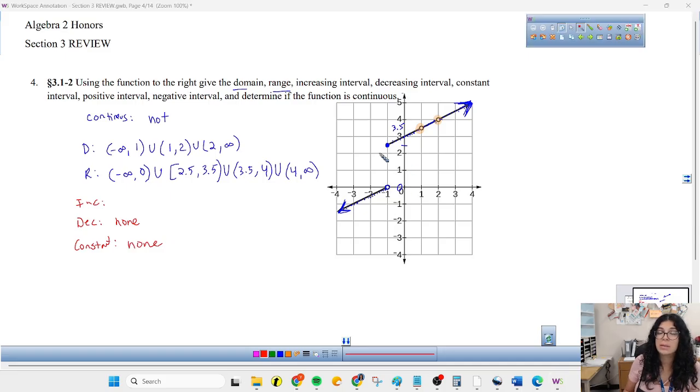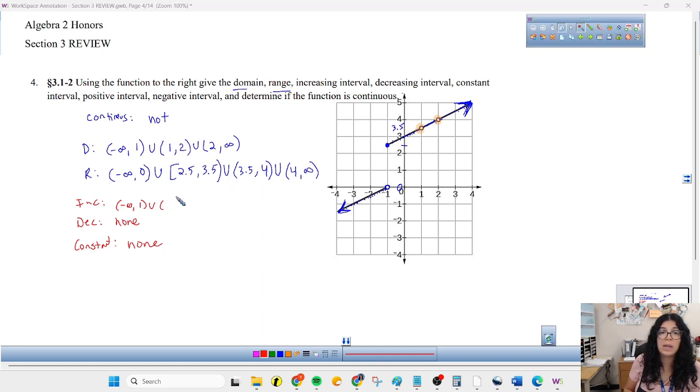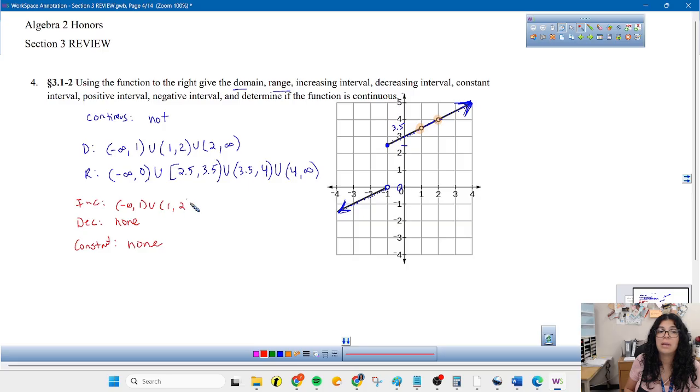And so in this case, that doesn't happen. We see this is positive slope, this is also positive slope. So it is actually just that over the entire domain, the entire graph from negative infinity to 1, and then from 1 to 2, and then from 2 to infinity, it is increasing. The entire domain is increasing for this particular graph.